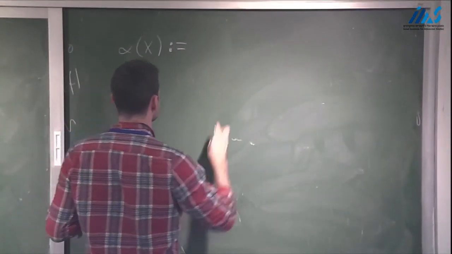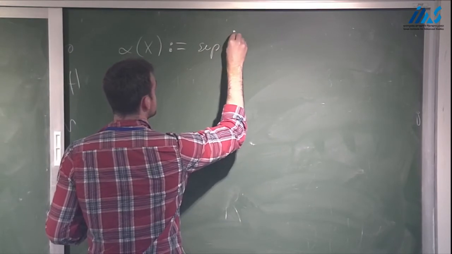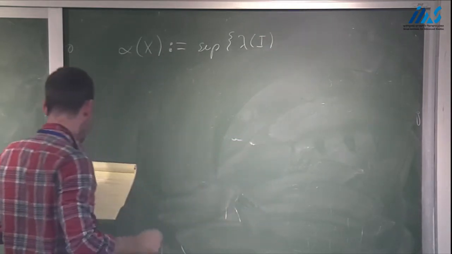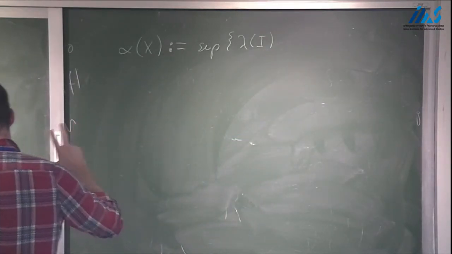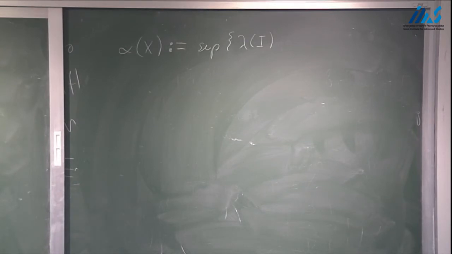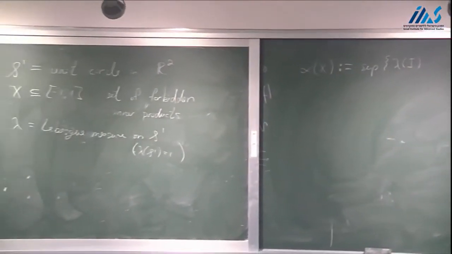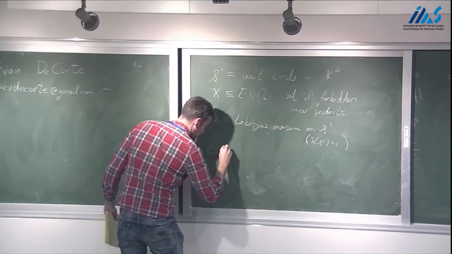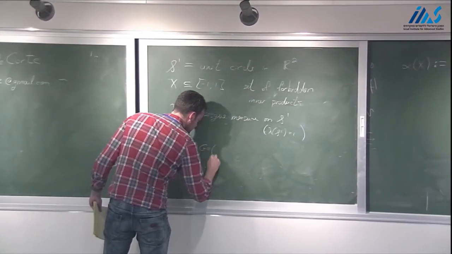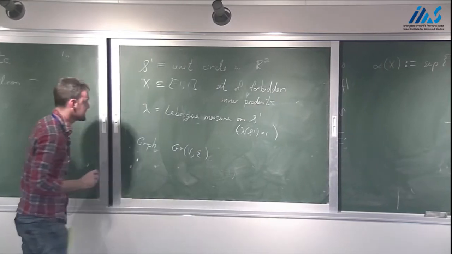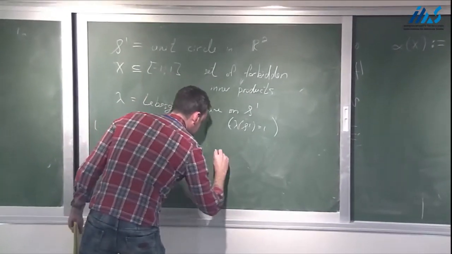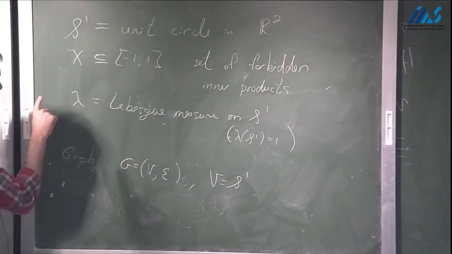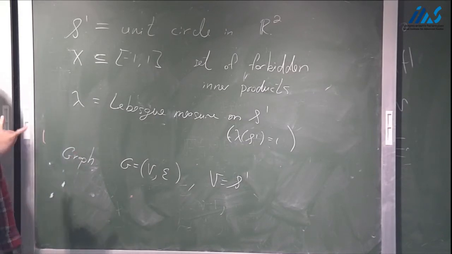Given some set X, we're interested in the supremum taken over all... Okay, let me say it like this. Given this set X, I'll define a graph, where my vertex set will be the unit circle. And I'll put an edge between 2 points when they lie at a forbidden inner product.